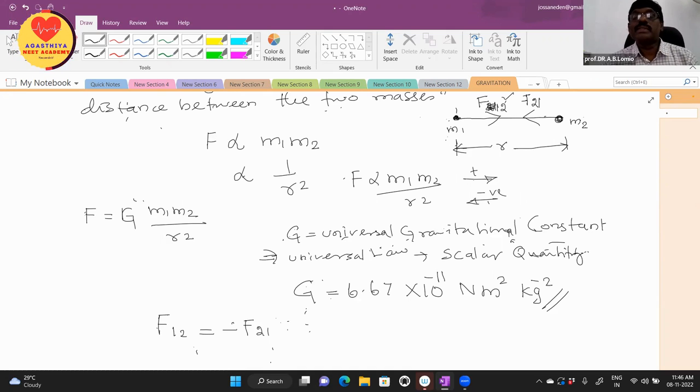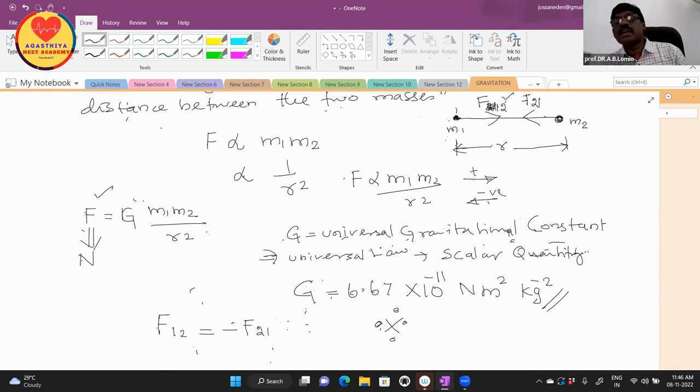You have to memorize this constant, 6.67 into 10 to the power of minus 11 Newton meter squared kg to the power minus 2. The unit of force here is Newton.